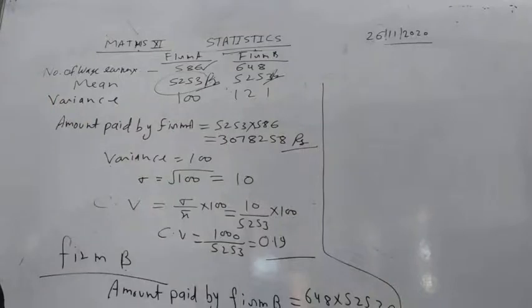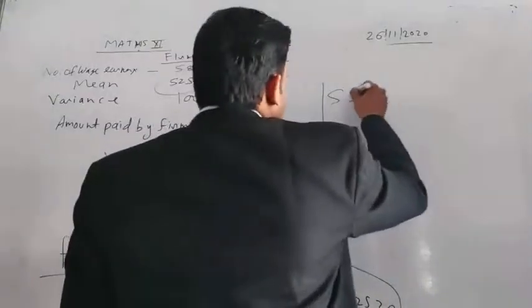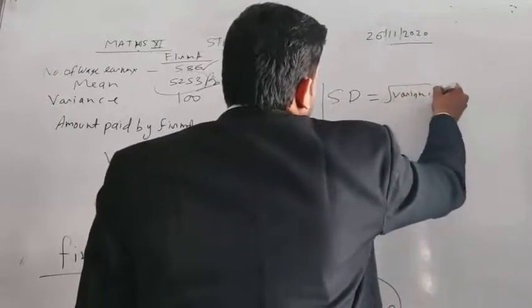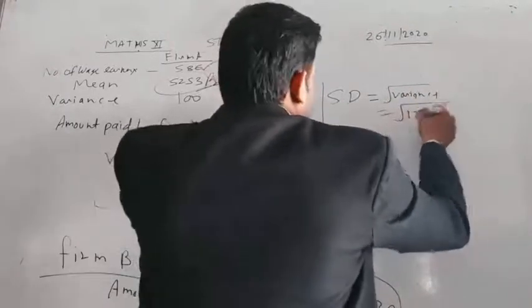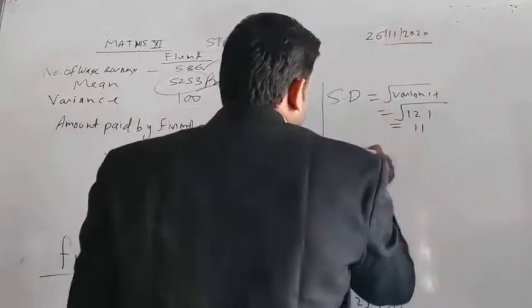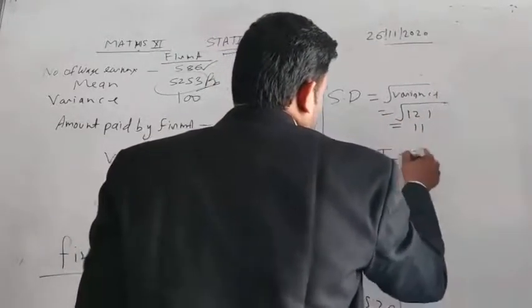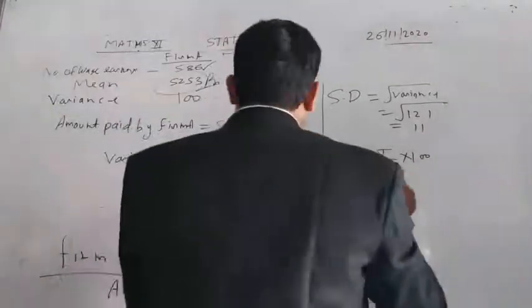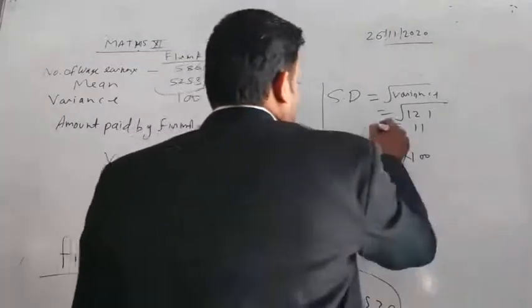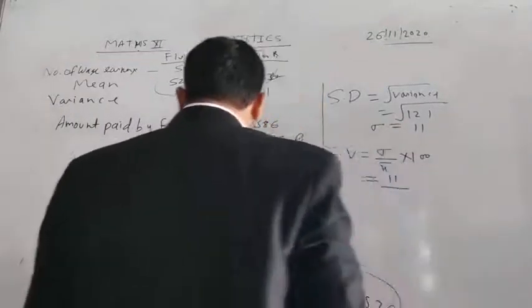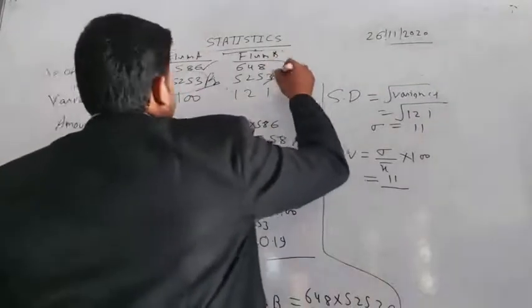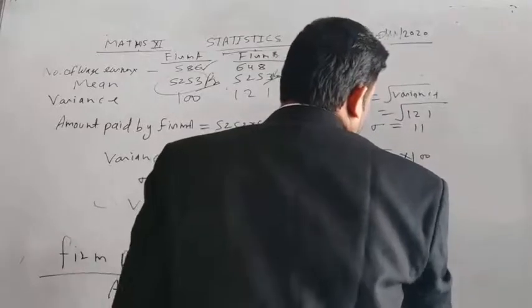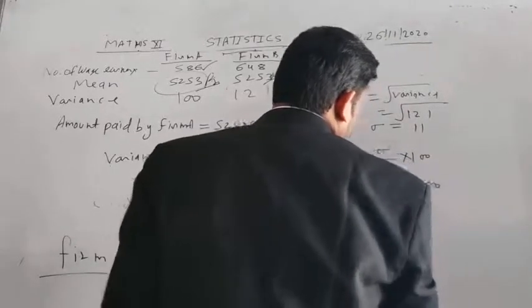Now we have to find our SD. SD will be the square root of the variance, and the variance of firm B is 121, so it will be 11. Now the coefficient of variation will be sigma upon x bar into 100. Sigma is 11, and x bar is 5253, multiplied by 100, so it is 1100 by 5253.